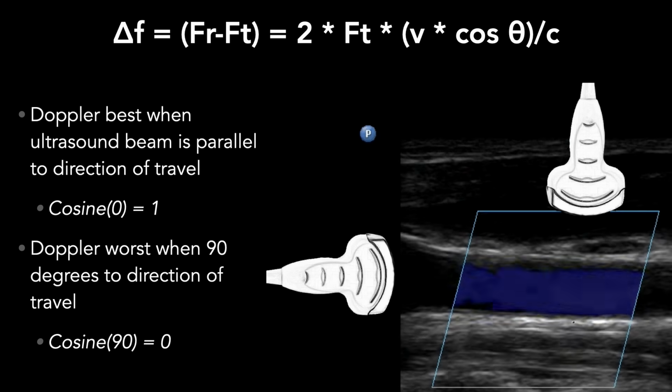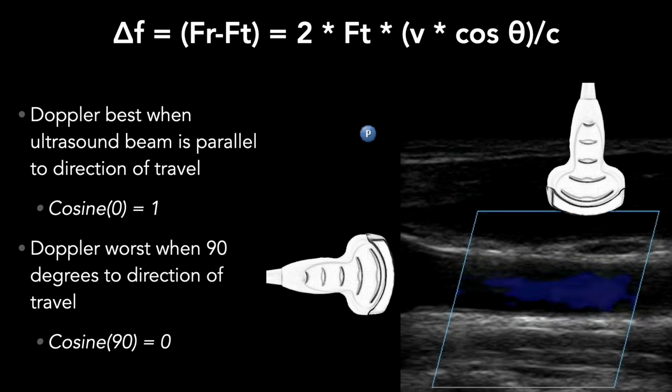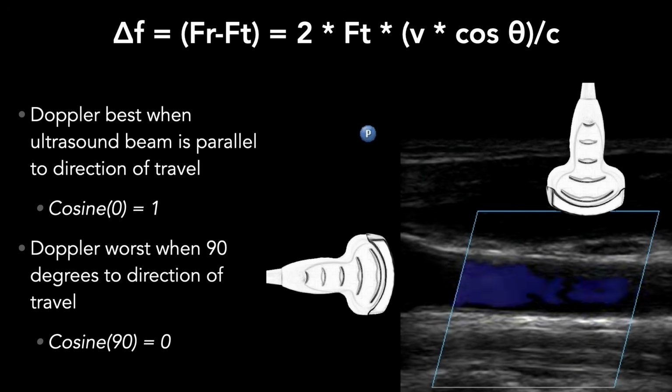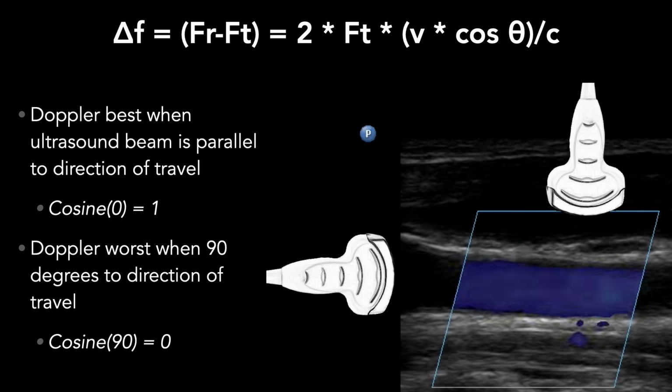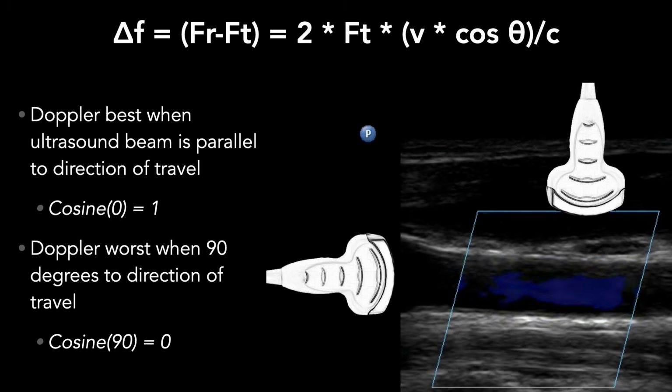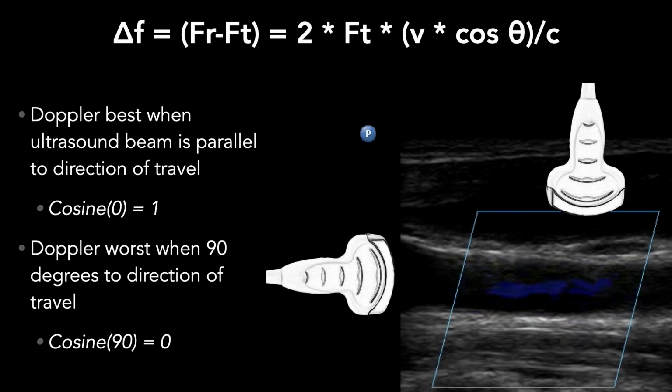So if you have your angle of interrogation less than 60 degrees, your math is reasonably accurate. But once you start going above 60 degrees and approaching 90 degrees, your ability to accurately measure that velocity goes way, way down. And so you need to readjust something to get your probe angle of inclination to be relatively parallel to the movement of the tissue or the fluid that you're studying.